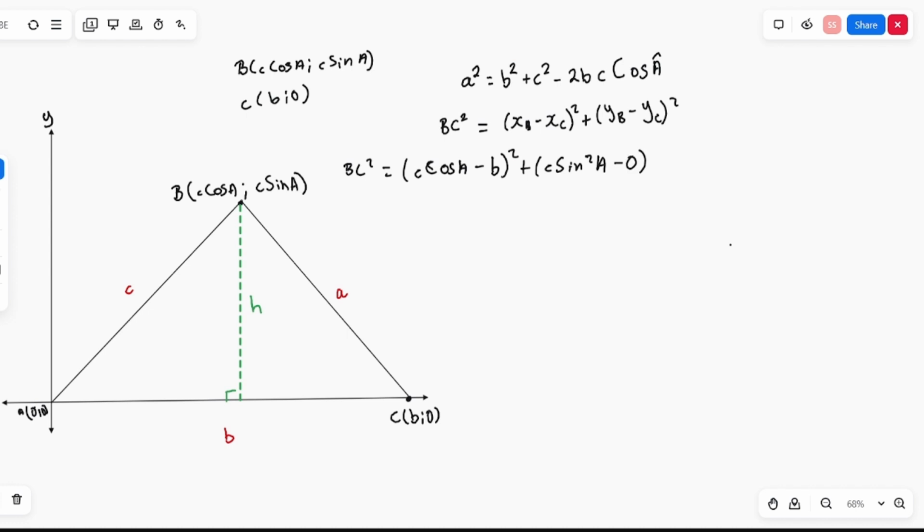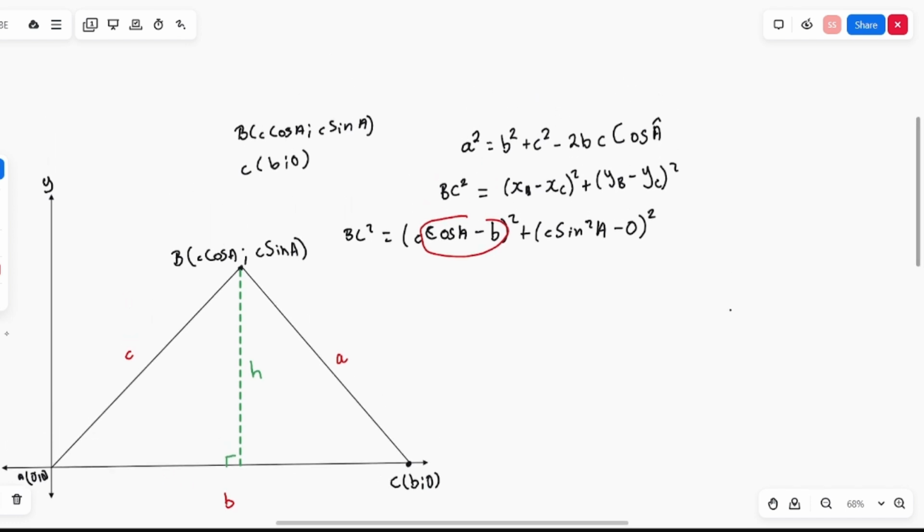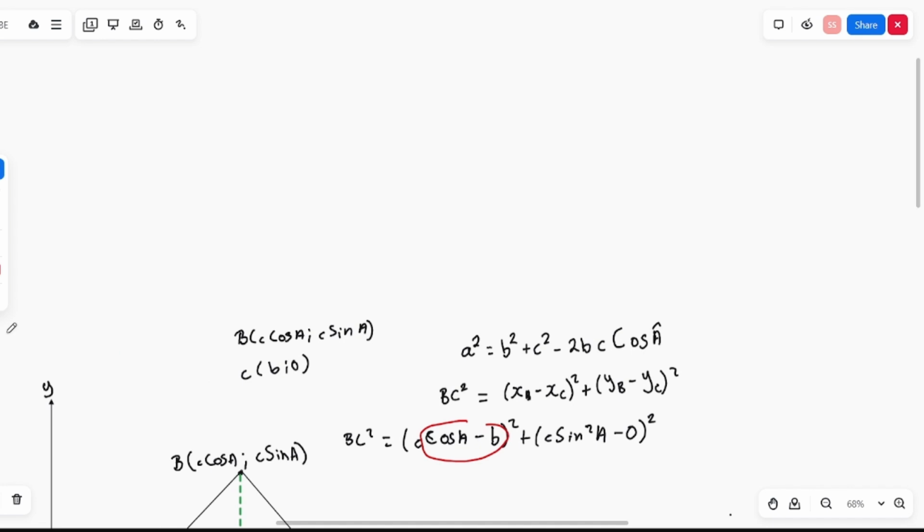It's 0, squared, right? And then usually I like to solve this in a separate space, right? So let's say we are being required to simplify. I'll write it aside.